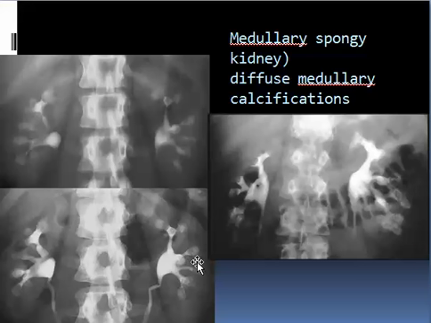within the parenchyma. We can either see the striations of the dilated small terminal collecting tubules, or we can see the calcification and stone formation within these areas, within these cups of calyces, and this is called medullary sponge kidney.